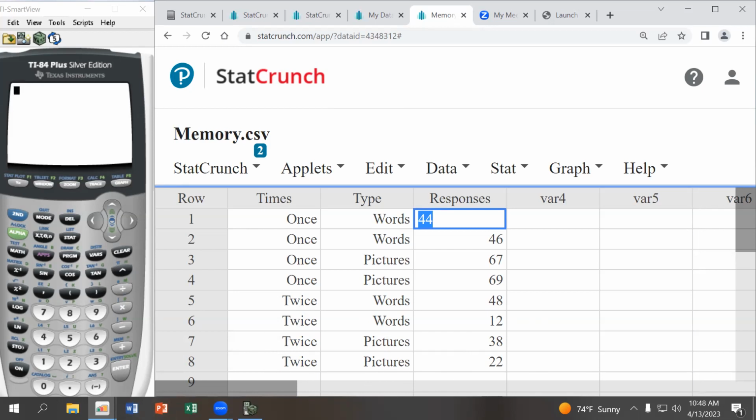So I'll go ahead and write this. 44, 46, row one, column one. Row one, column two, we have 67, 69. Row two, column one, 48, 12. Row two, column two, 38 and 22.